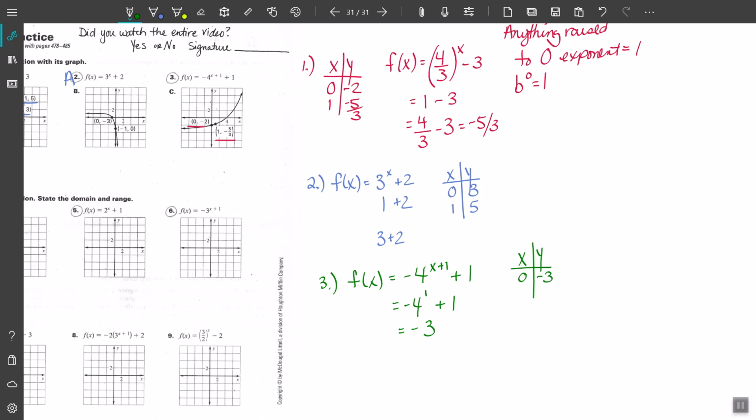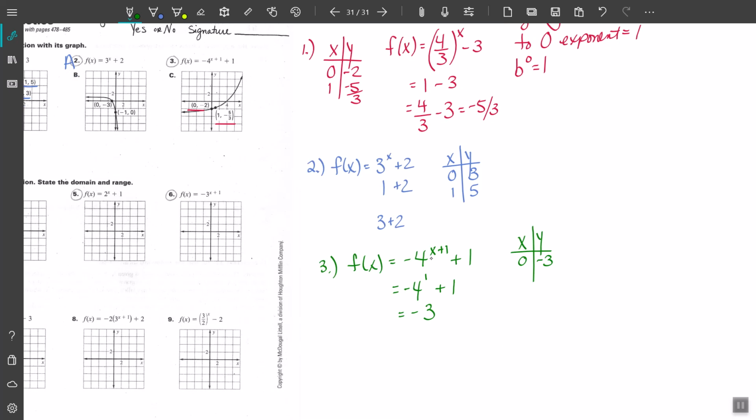Okay, and then instead of using 1, which I used 0 and 1 on the first two problems, if I plug in -1 right here, that will zero out the exponent. So if I evaluate x at -1, -1 plus 1 is 0. -4 raised to the 0 power gives me 1. And then I can say 1 plus 1 is 2.